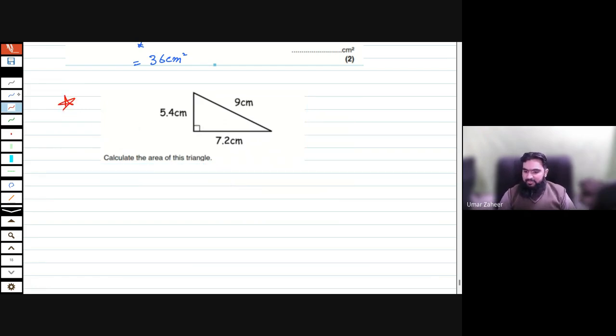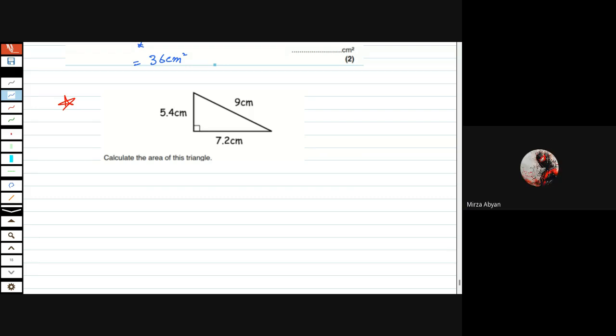We have to calculate the area of this triangle. How can we find it? We have three sides. So, sir, we should do first half, and we have to multiply by base, multiply by height.